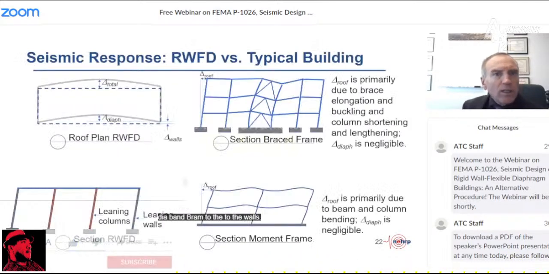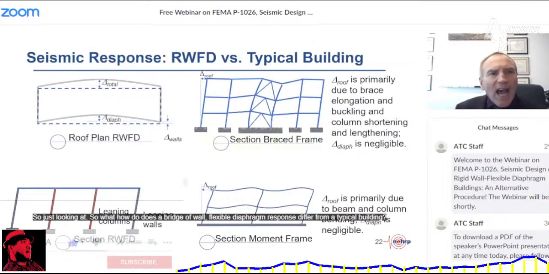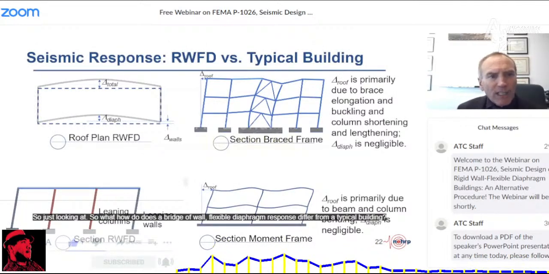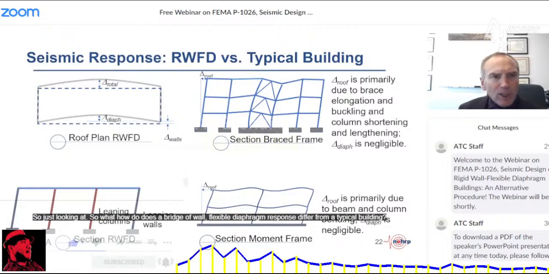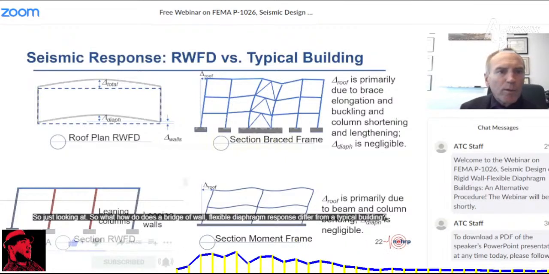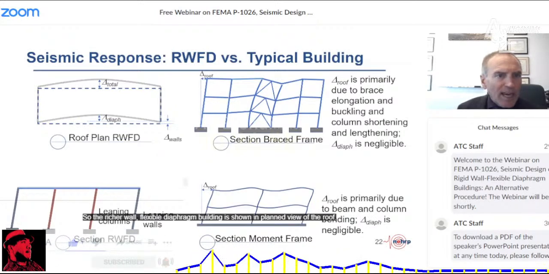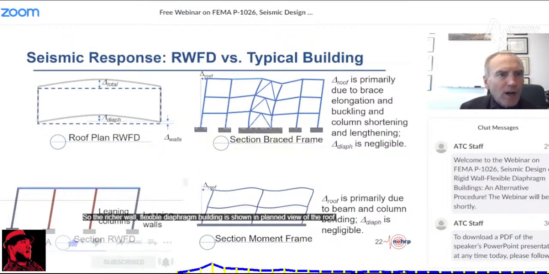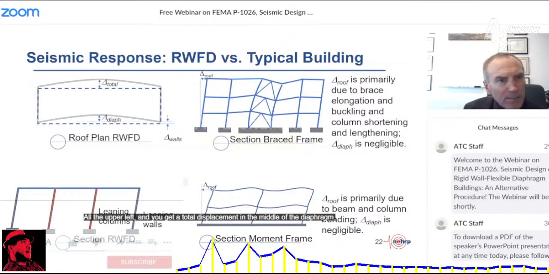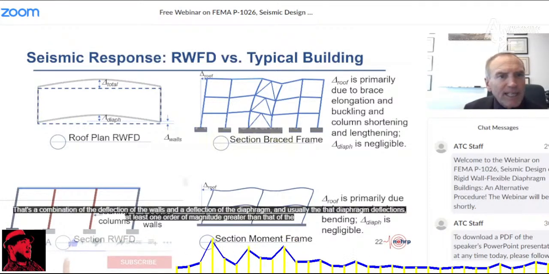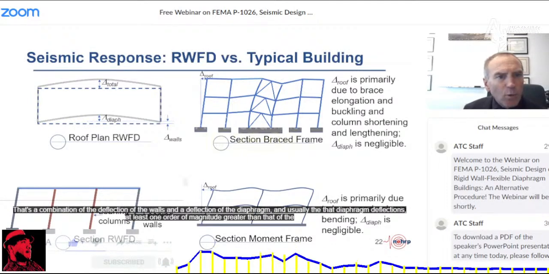So just looking at, how does a rigid wall flexible diaphragm response differ from a typical building? So the rigid wall flexible diaphragm building is shown in plan view of the roof on the upper left. And you get a total displacement in the middle of the diaphragm that's a combination of the deflection of the walls and the deflection of the diaphragm.